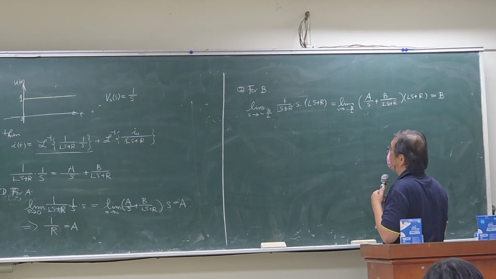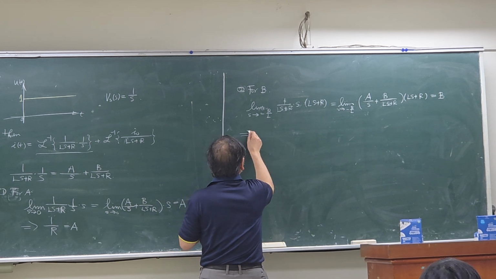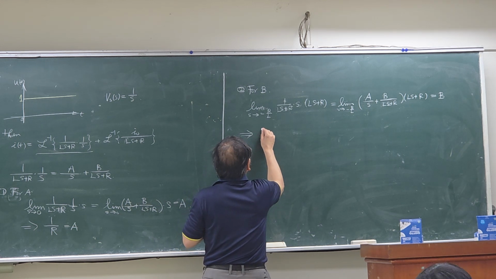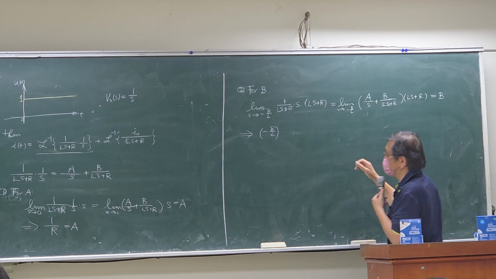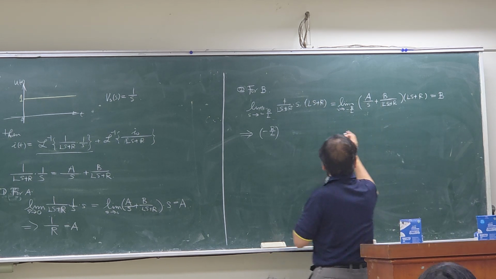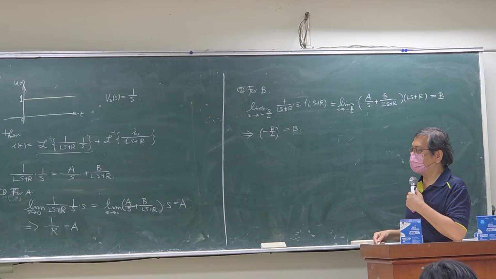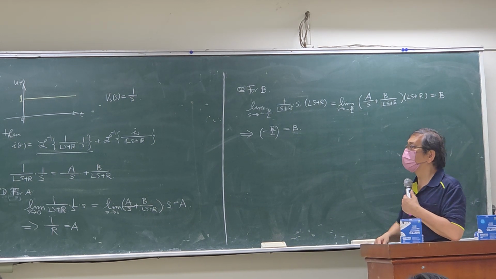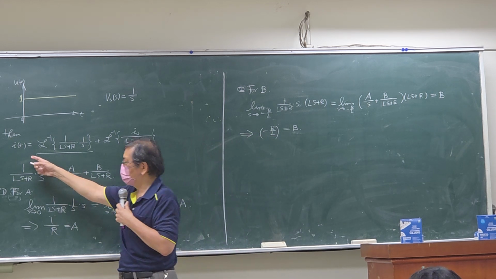And the right hand side is only the B coefficient. So the left hand side is simply negative R all the way up, giving 1 over negative R, and the right hand side is only B. So we have both A and B. Now we are able to determine I(t).